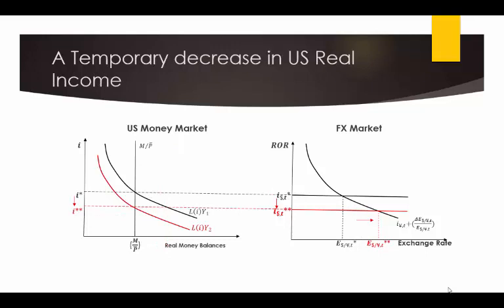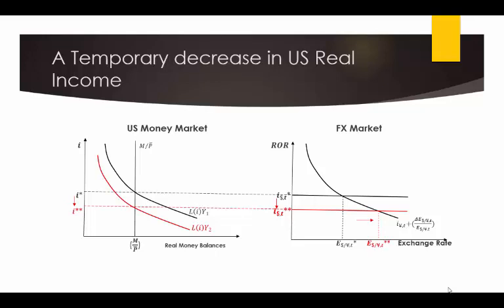As another example, suppose the US enters into a mild recession such that there is a temporary decrease in US real incomes. As depicted, the real money demand function falls in the US money market.